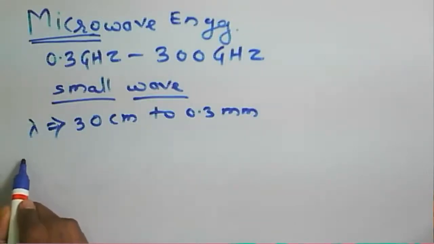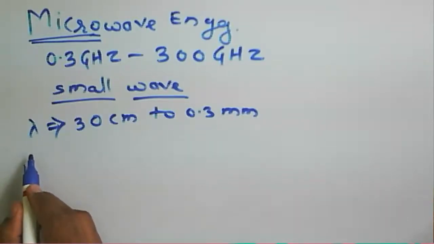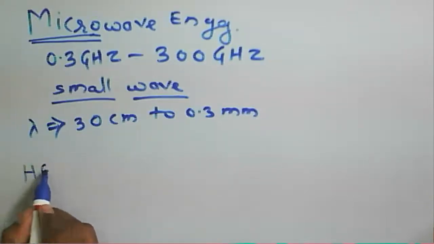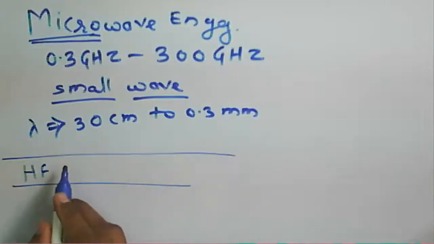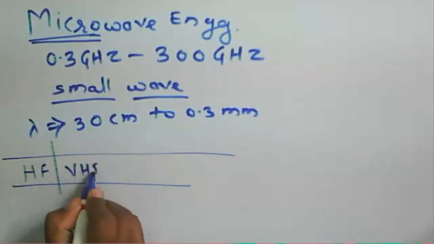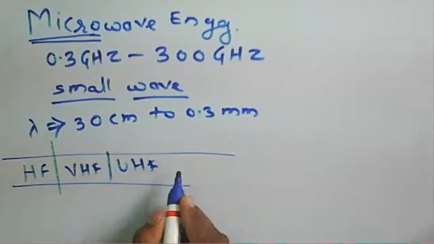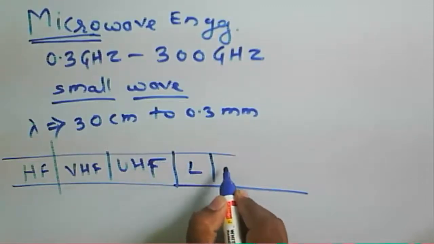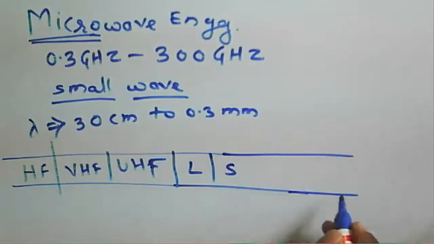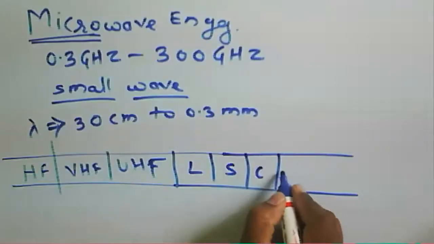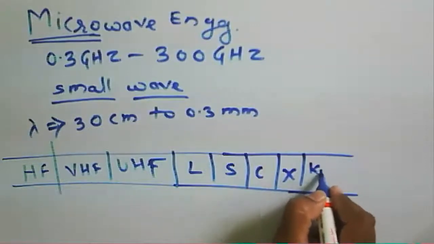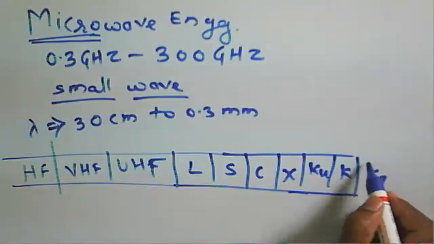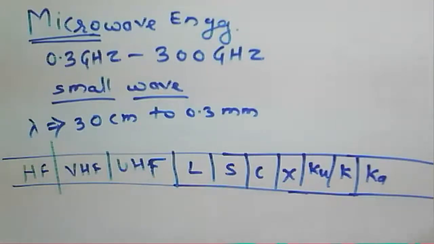If we start with the high frequency band, then we go ahead to the VHF, then the UHF band, and then the L band, S band, C band, X band, then Ku, K, and Ka. That is the frequency band.